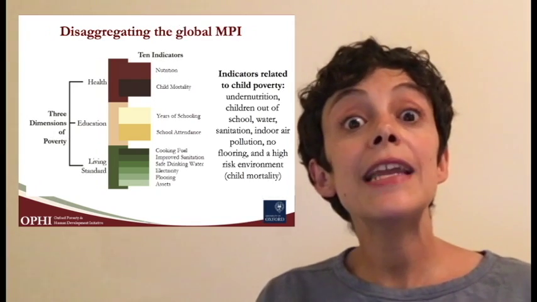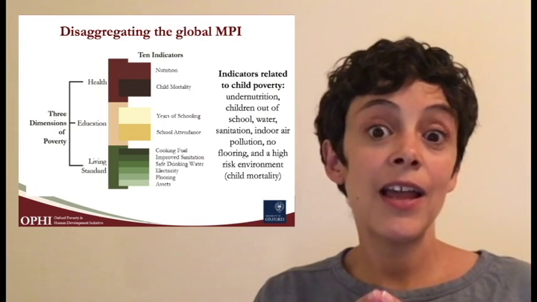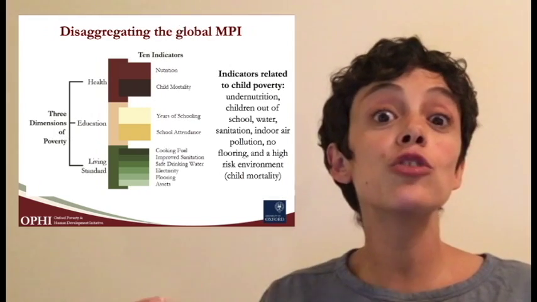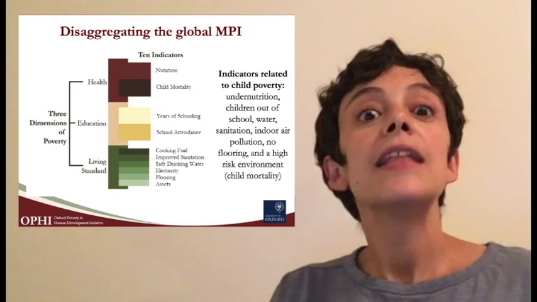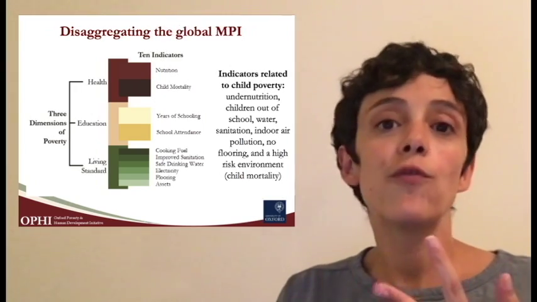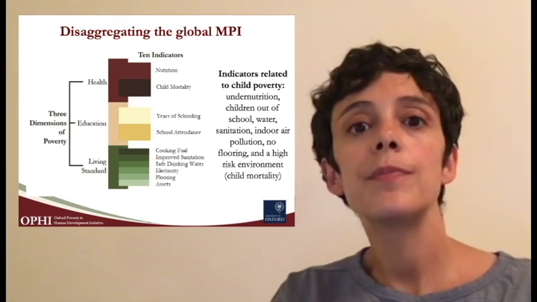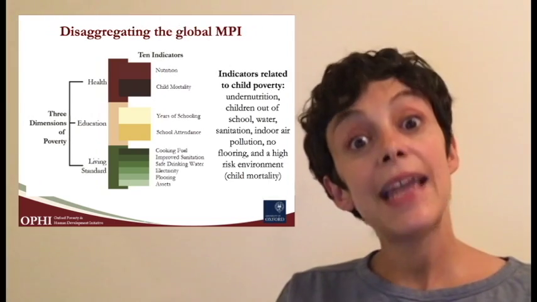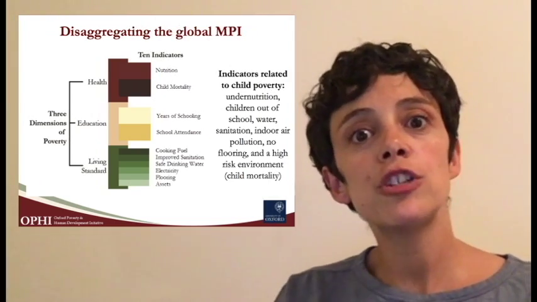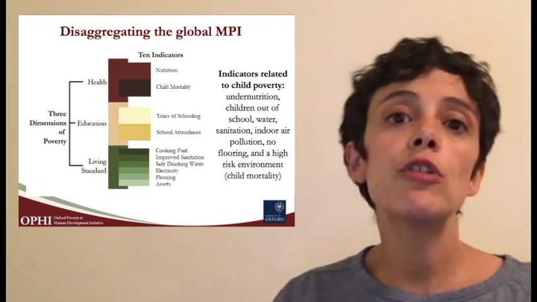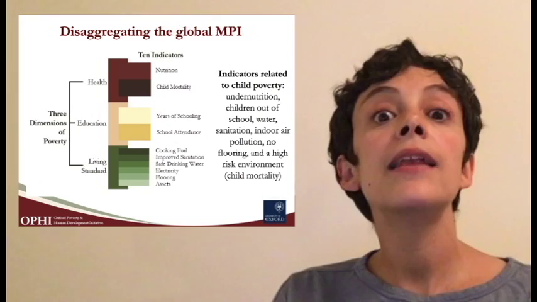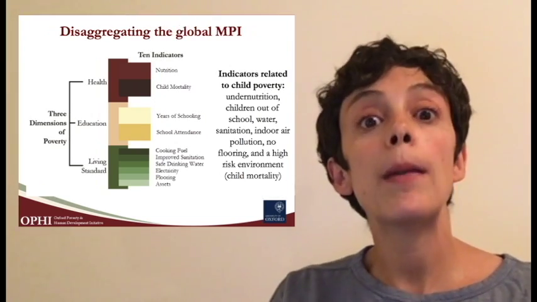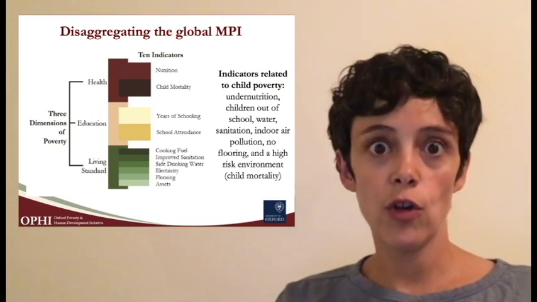It includes indicators that affect children's life chances, like sanitation, safe water, and cooking fuel. And it also includes indicators of household features that may shape children's lives, like child mortality and whether there is a household member with at least 5 years of schooling.